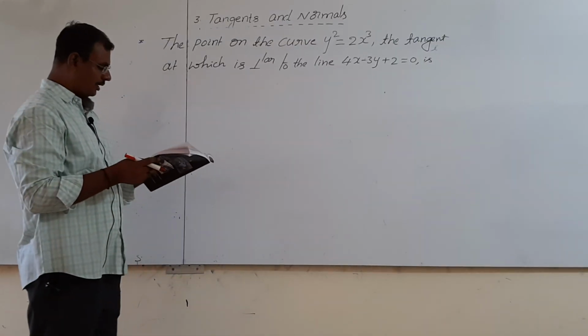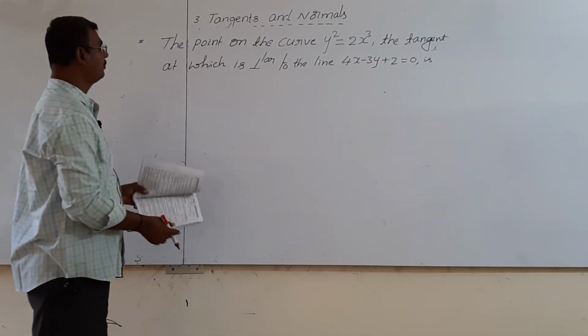So what is the point on the curve? Suppose four options are given.